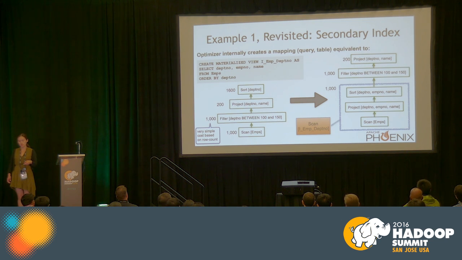So this one eventually is going to be replaced by the scan of the index table. These are before substitution, which uses the original data table, and after substitution, which uses the index table. So these are actually parallel plan candidates.